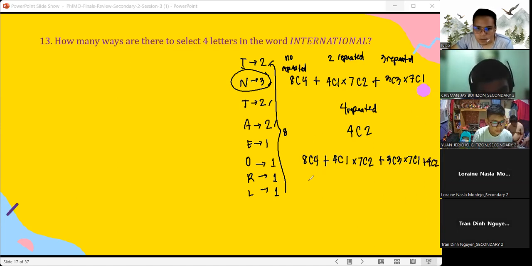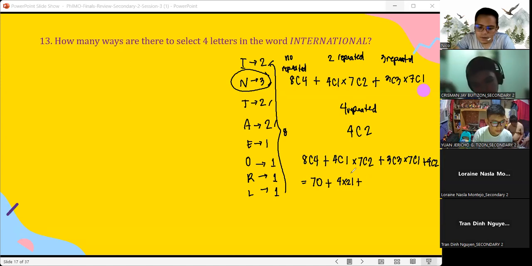Okay, let's double check. 7C2 is 21. So this is 4 times 21.